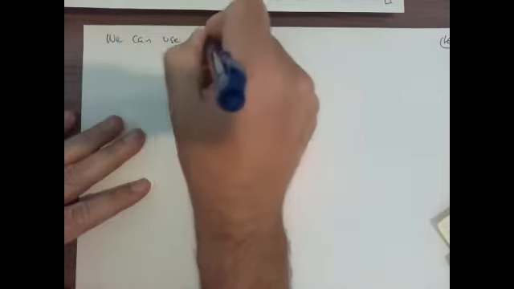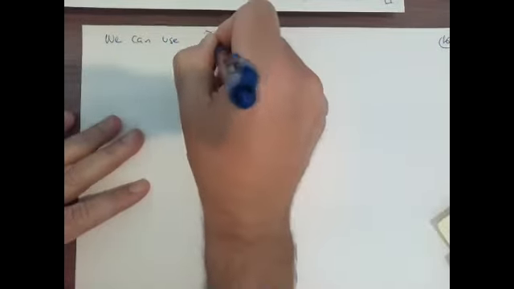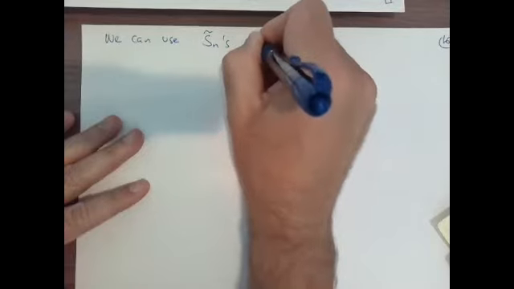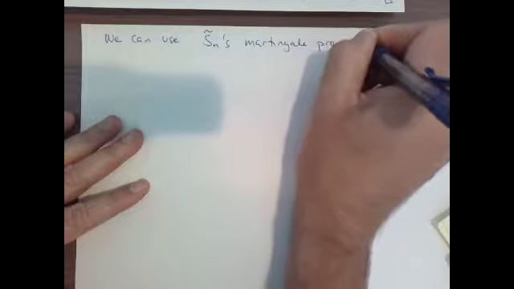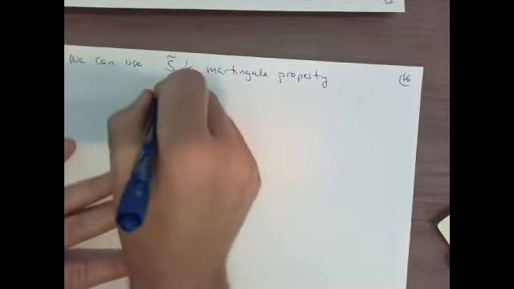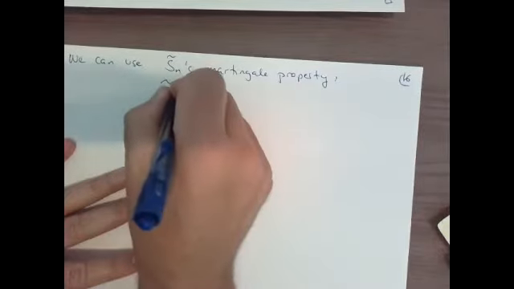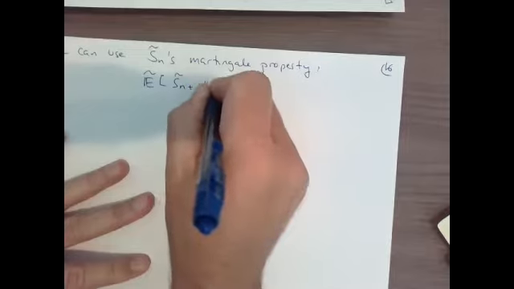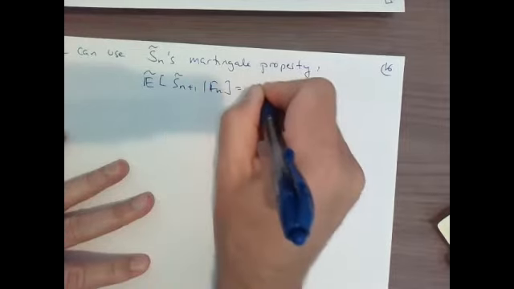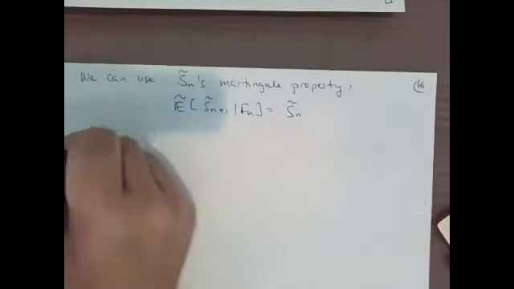So we can now use S tilde n's martingale property. Remember what it is: S tilde n conditional on Fn is exactly S tilde n.